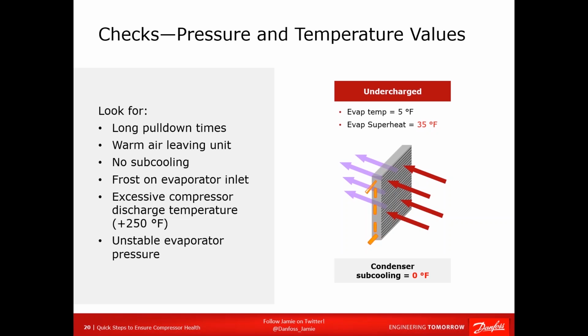You're going to be way up into the mid 200s. You can look for some discoloration on top of the compressor. And if you have shortage of charge, you're going to have flash gas at the metering device. And so this means you're going to have an unstable evaporator pressure, and you're going to see hunting up and down as the TXV switches between getting fed liquid and vapor.